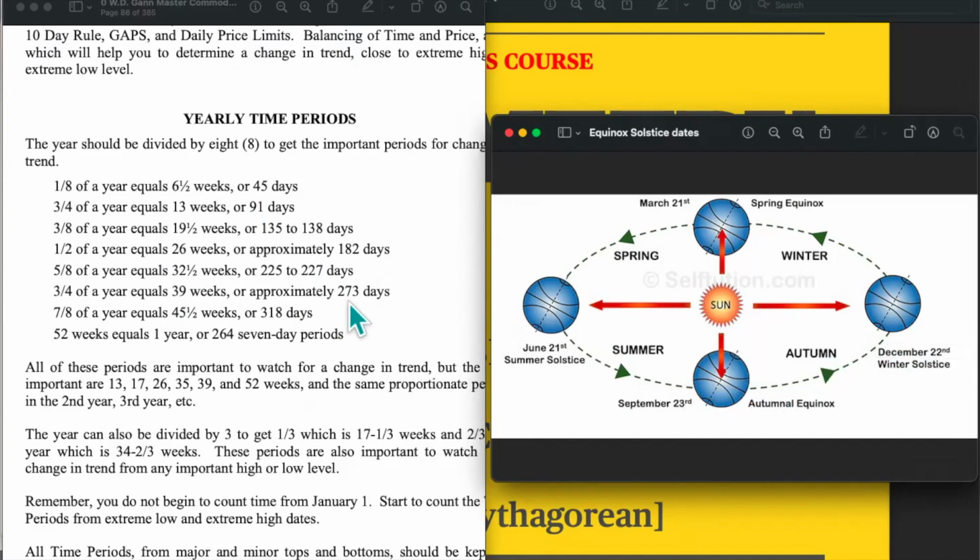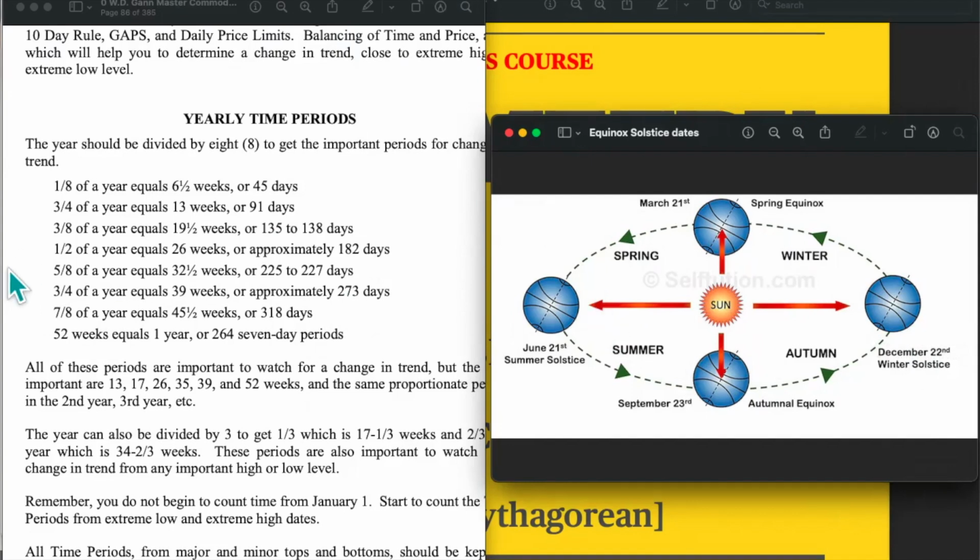So we have this 270 to 273 days, which comes at 3 by 4. So we have 1 by 4, 2 by 4, which is half, 3 by 4. In the same way, 1 by 4 is 90 days, 1 by 2 is 180 days, 3 by 4 is 270 or 273 days. And we have the entire circle then.